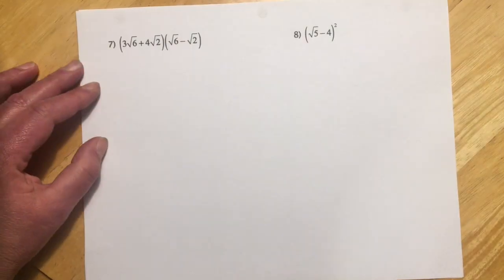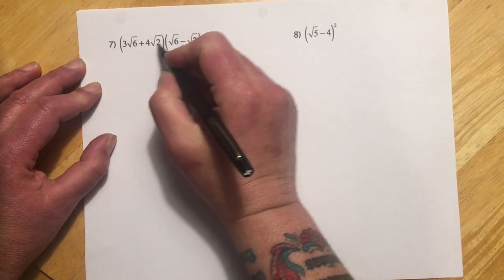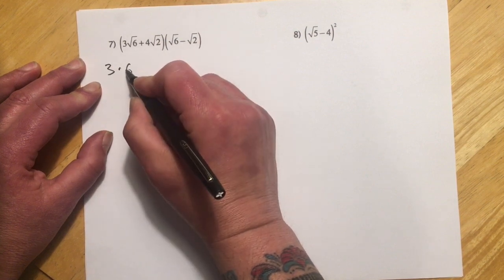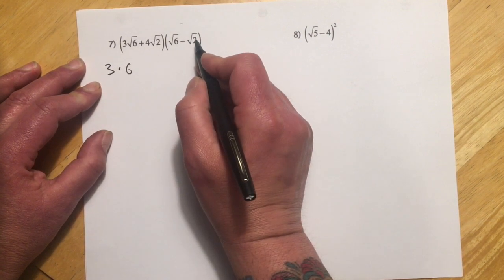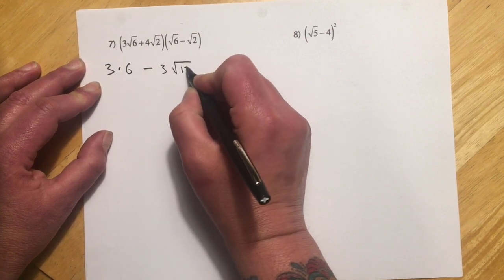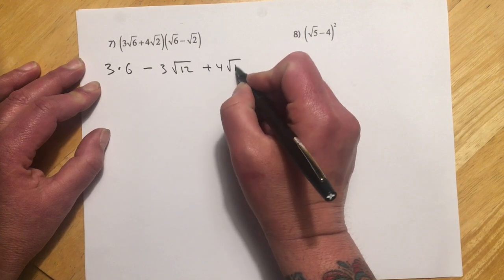Okay, this is another FOIL, a little bit more complicated is all. So 3 root 6 times root 6, I'm going to think is 3 times 6, because root 6 will make that 6. 3 times root 6 times the root 2 is going to be minus 3 root 12's. 4 right here, root 12's.